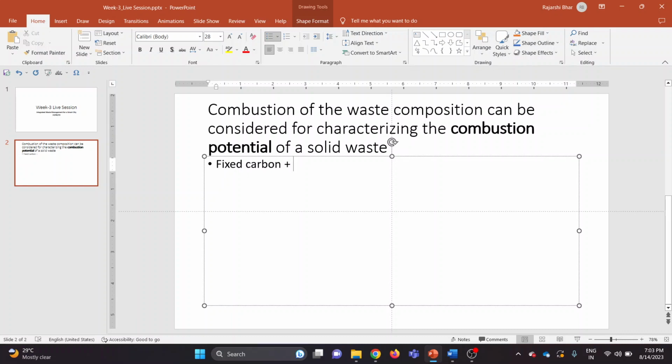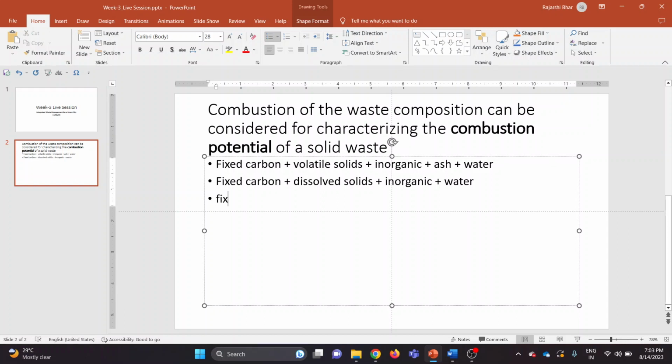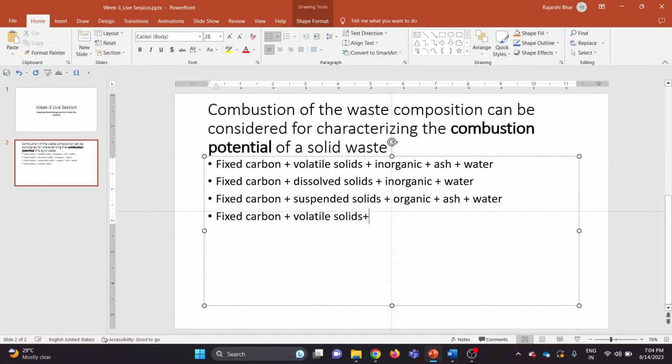fixed carbon. Okay, so these are the 4 options.